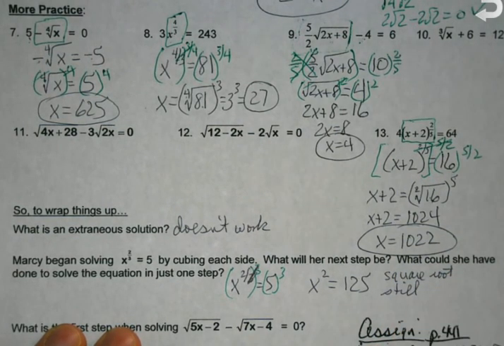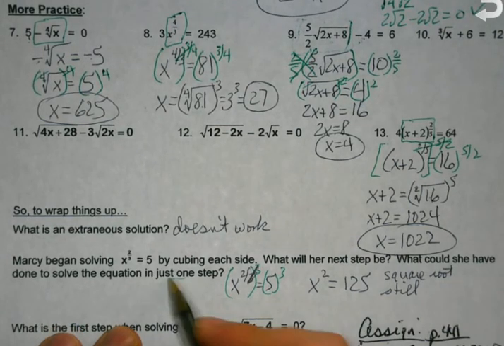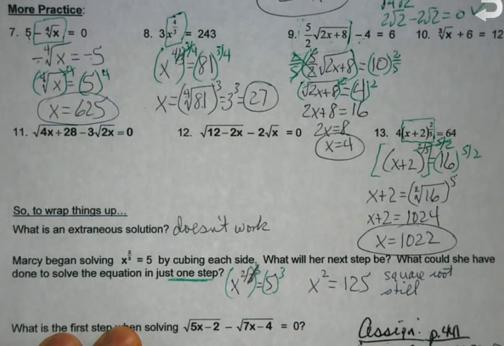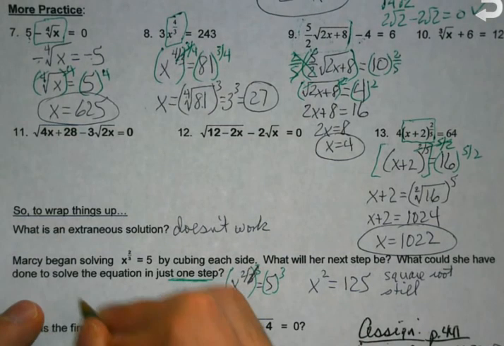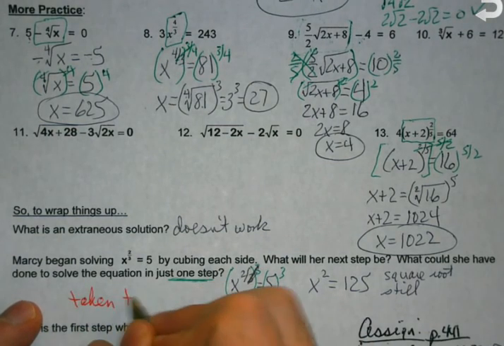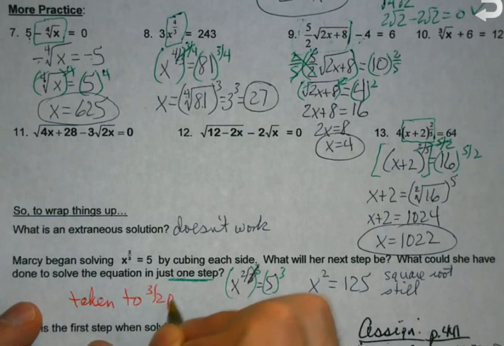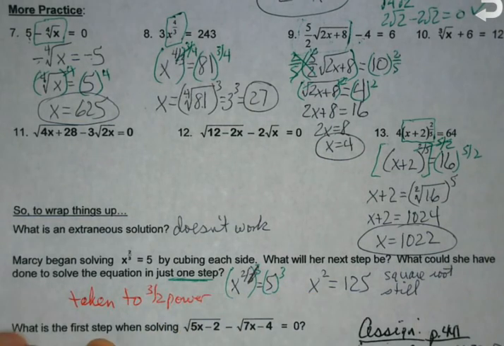But we know better than that. What could she have done to get it done in just one step? Yeah, we could have taken it to the 3/2 power. That would have been a much better option.